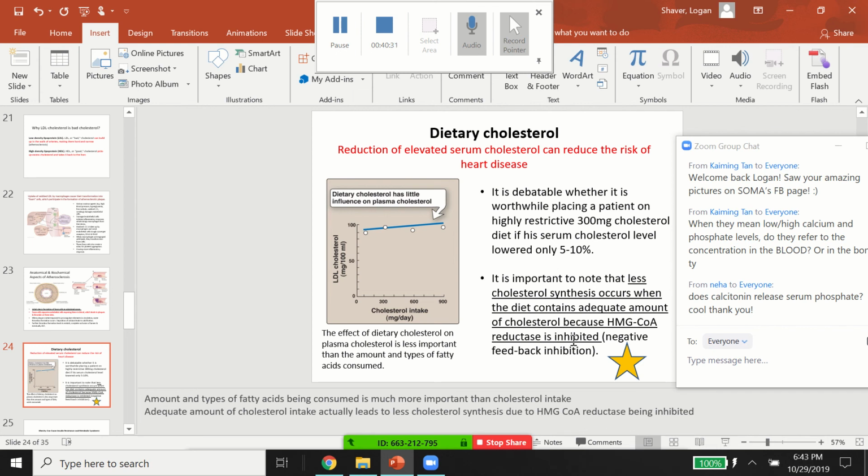Now, if you remember, HMG-CoA reductase is basically the rate-limiting enzyme of cholesterol synthesis. So it's good not to have too much cholesterol, but at the same time, you want to have a little bit of cholesterol, right? Because it inhibits that whole process of making more cholesterol. Now, if you think about it, that totally makes sense because it's kind of like a teeter-totter type situation, right? So it's good to have a balance, essentially.